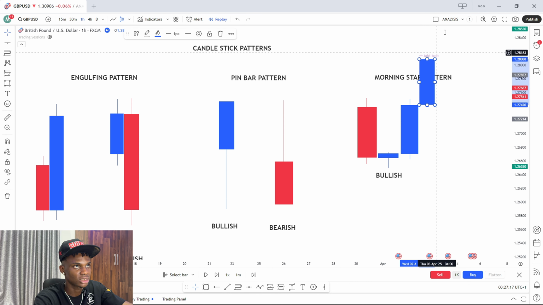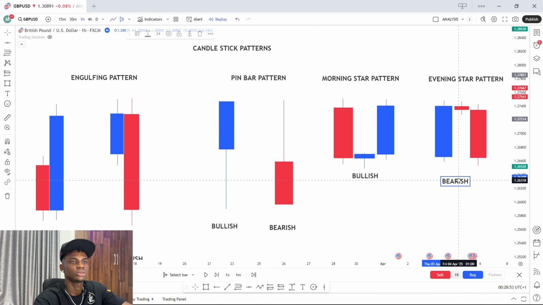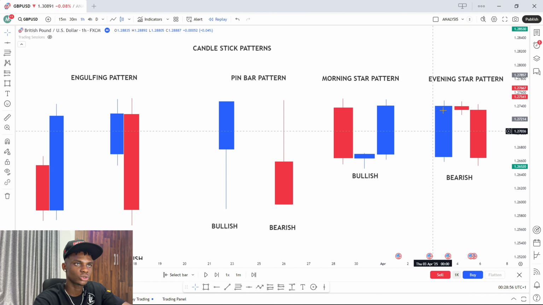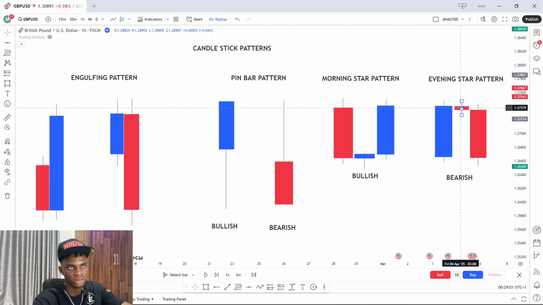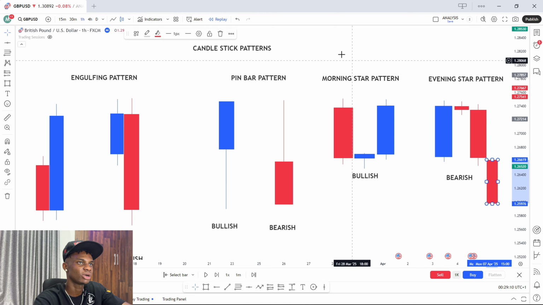The next thing we should expect is up movement. So the opposite of this morning star pattern is going to be the evening star pattern. In this case, buyers were once in the market, then they got exhausted, then the sellers took over. What you expect is further selling, that's further down movement of price.